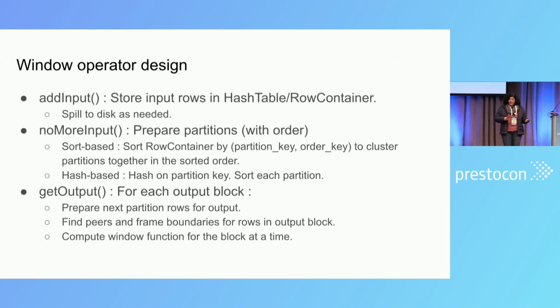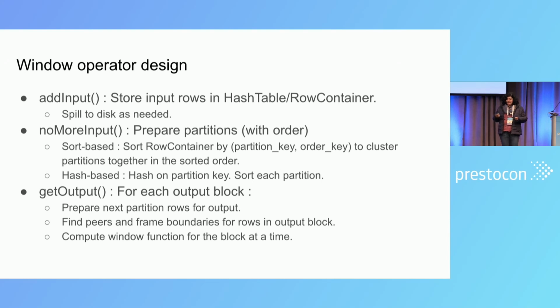In order to invoke the window function, like we said, this is vectorized, so it goes a block at a time, and we are operating at the level of block data. So you have a whole bunch of rows that you're going to work on, and you prepare this set of output rows to be processed by the window function.